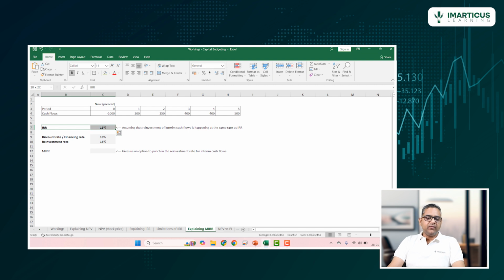Now when we say IRR is 19%, it is based on the assumption that all the interim cash flows will be reinvested at 19%. So this 200 will be reinvested at 19% for 4 years. This 250 will be reinvested at 19% for the next 3 years, and so on.